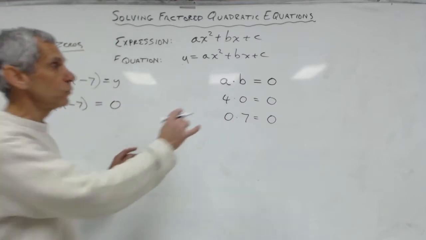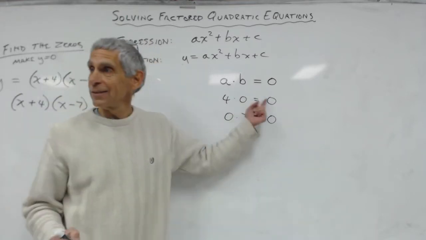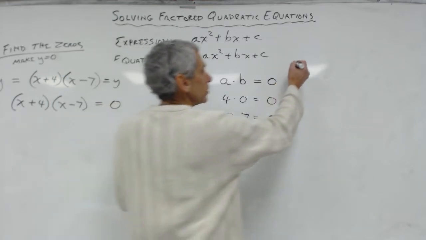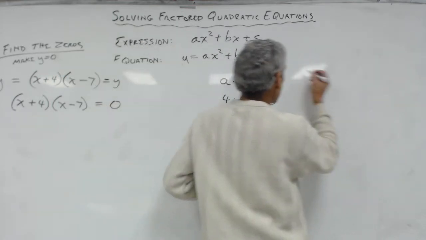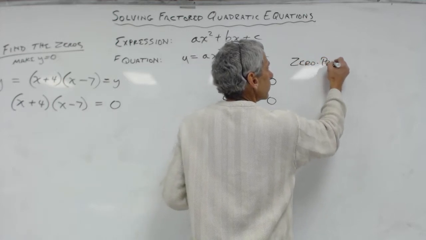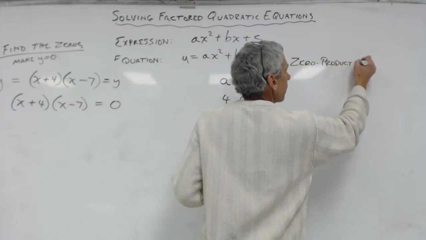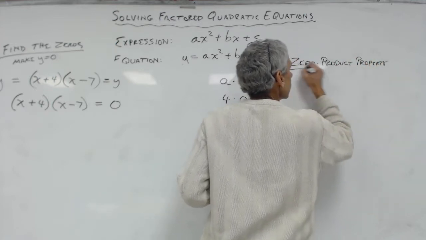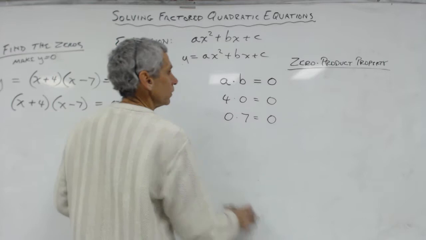So there's this awesome rule that when you set something equal to 0, it's called the zero product property. And this is why we can do what we do.